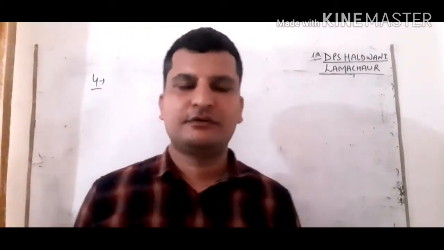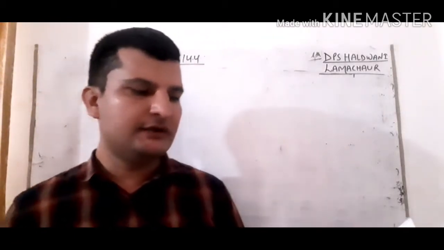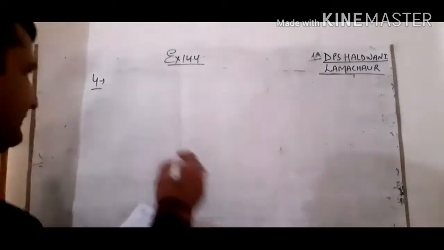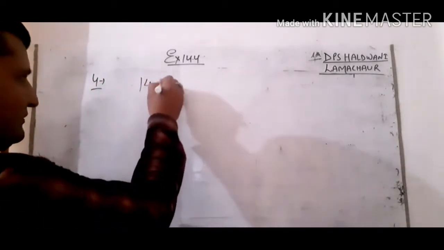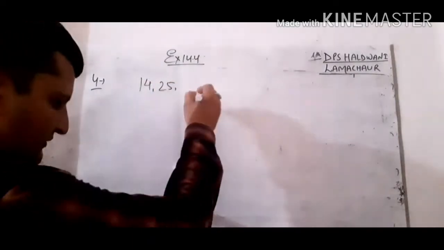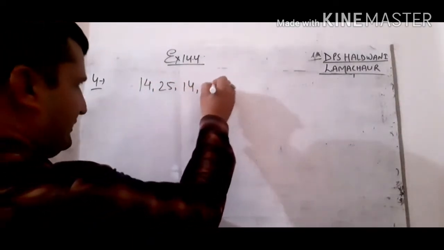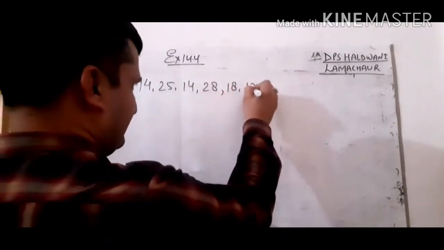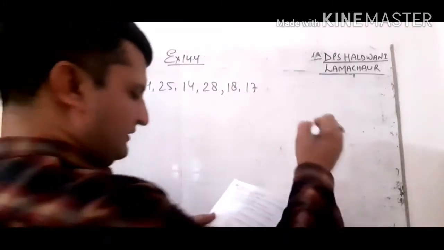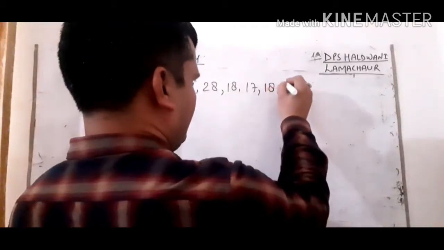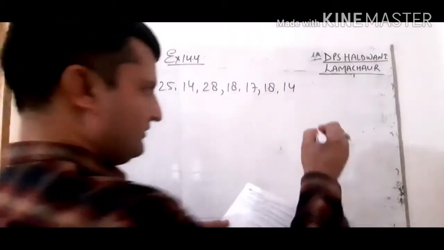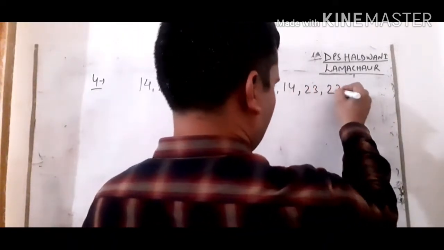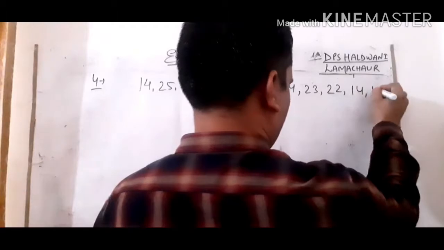In question number 4, students, we have to find the mode of the data, and the data is given, so we will write it first. 14, 25, 14, 28, 18, 17, 18, 14, 23, 22, 14 and 18.